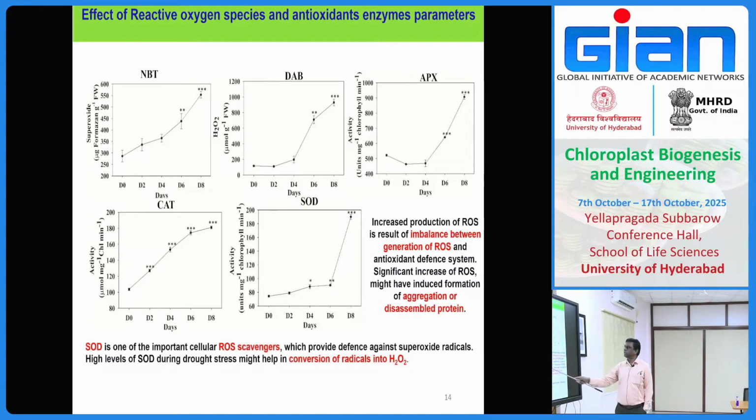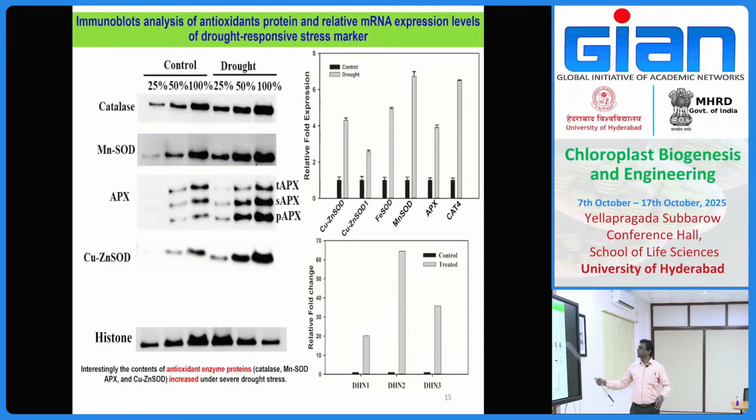The enzymes are there to scavenge the reactive oxygen species, and still plants are able to survive. That's what I said, plants are able to survive. One is non-photochemical quenching, the other is reactive oxygen. There are many other things we'll discuss.